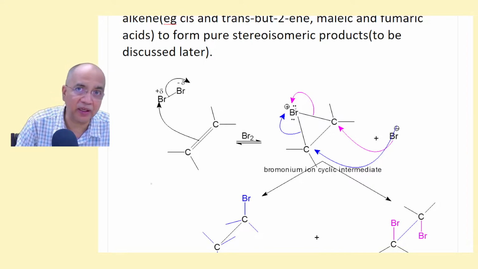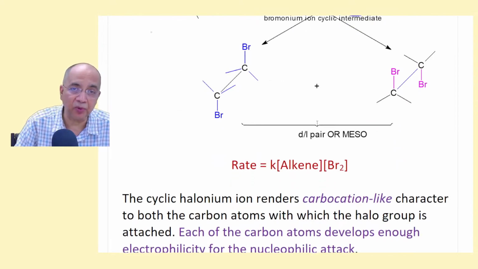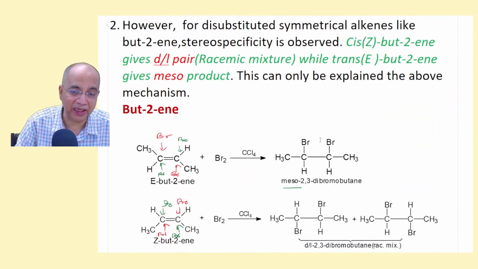One bromine is there because that is the electrophile part. The nucleophile part can be bromide, that is present in large quantity, but chloride ion being a less nucleophile will attack to a lesser extent, but you get a minor product, chlorobromo product as the minor product.